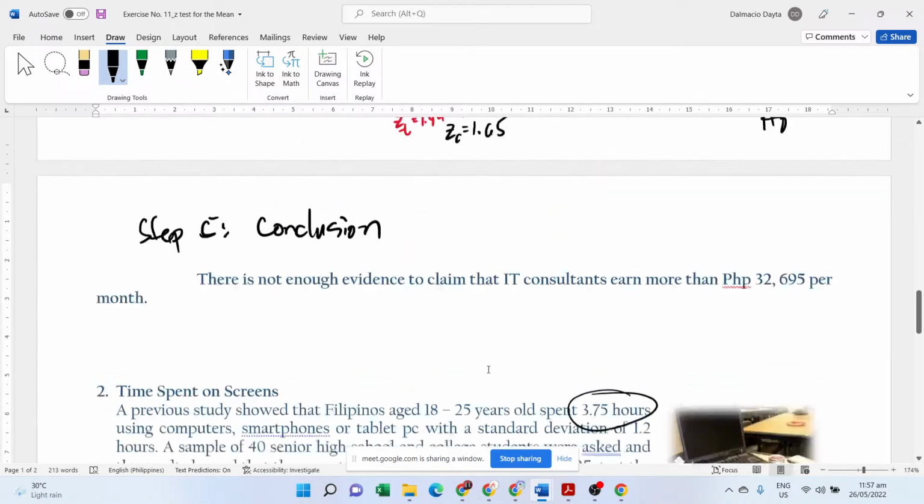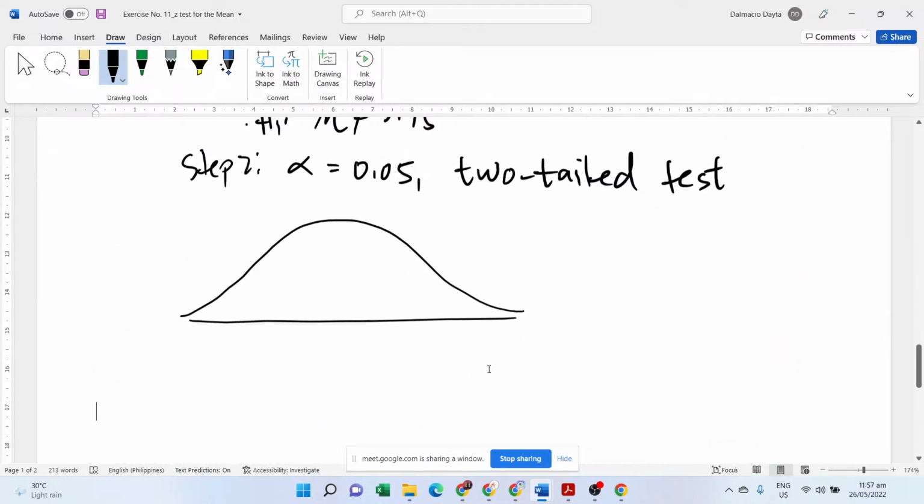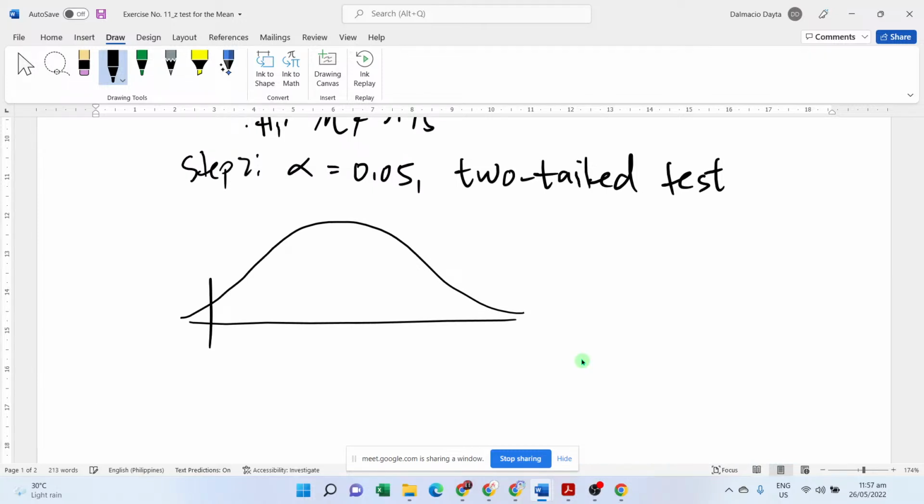But this time, we have a two-tailed test, so kabilaan yun. And itong area na to, hindi na siya 0.05 since dalawa yung area. Ang total niyan dalawa is 0.05. So what we have now is alpha over 2. Di-divide natin yan sa 2. 0.0250 bawat isa niyan. Alpha over 2 is 0.0250.